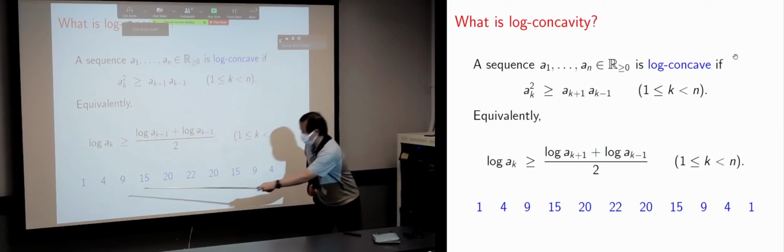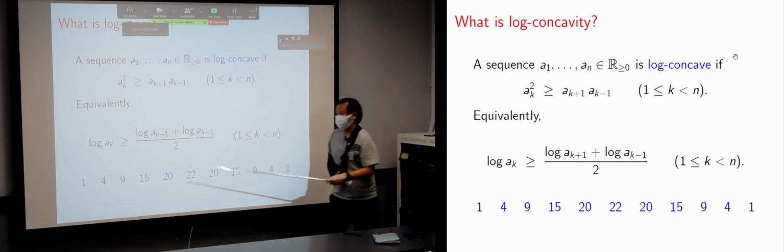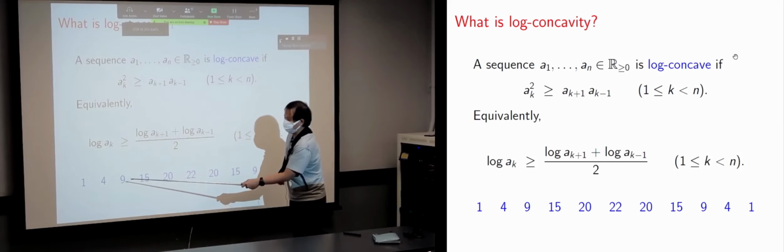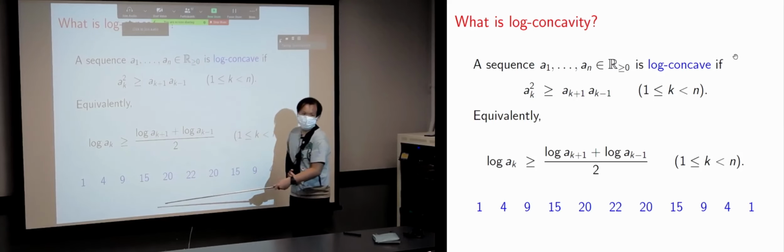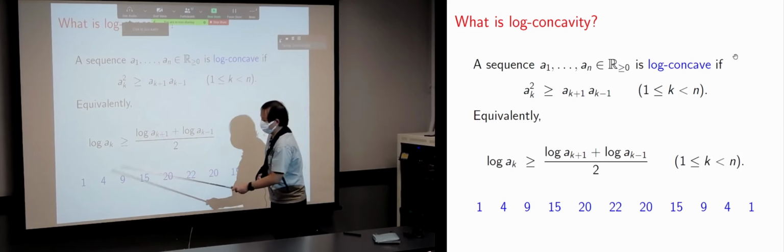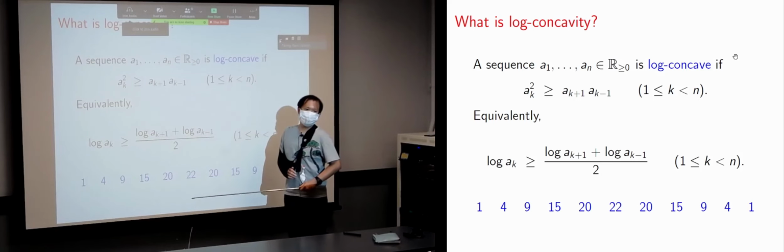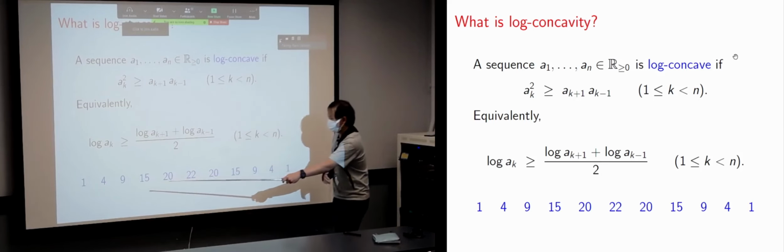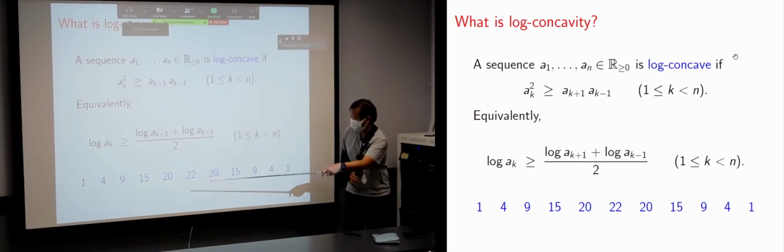For example, this sequence is log-concave. Let's take the third number, 9. 9 squared is 81. It's greater than 4 times 15, which is 60. The same applies to all other numbers in this sequence.